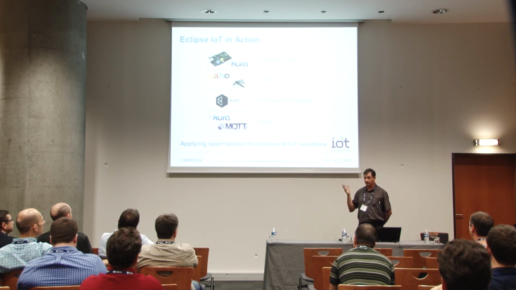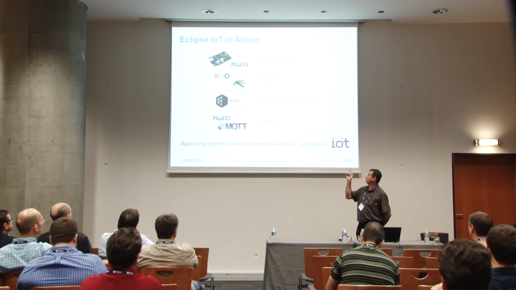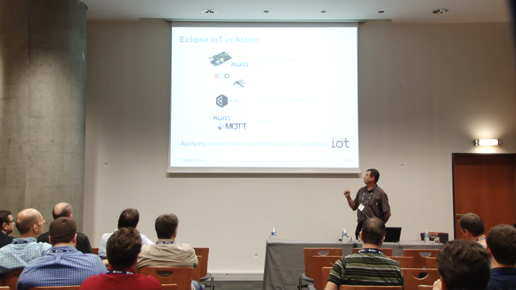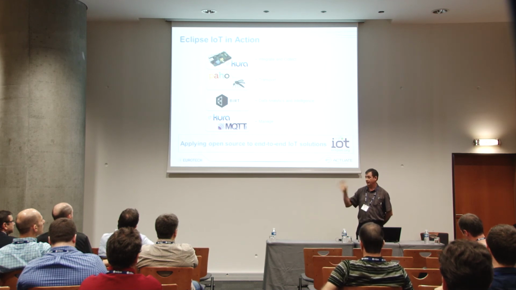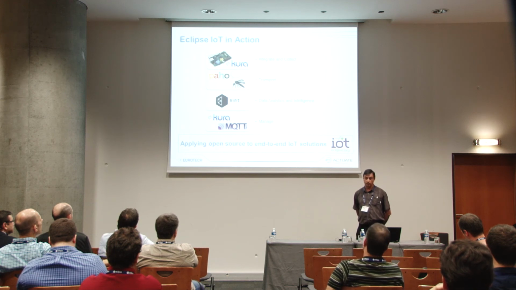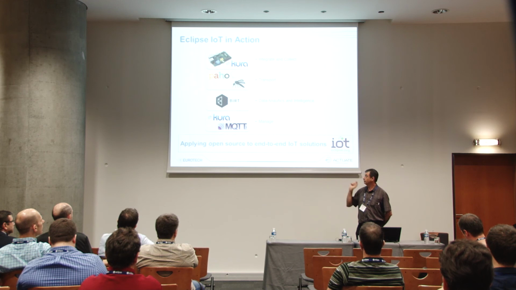The gateways can be very small, like this one. It's a Raspberry Pi, which is an open source board. It can be stronger boards, like the Atom boards we are building, or you can have intelligent sensors with a software stack inside that is able to collect and integrate the data from the field.